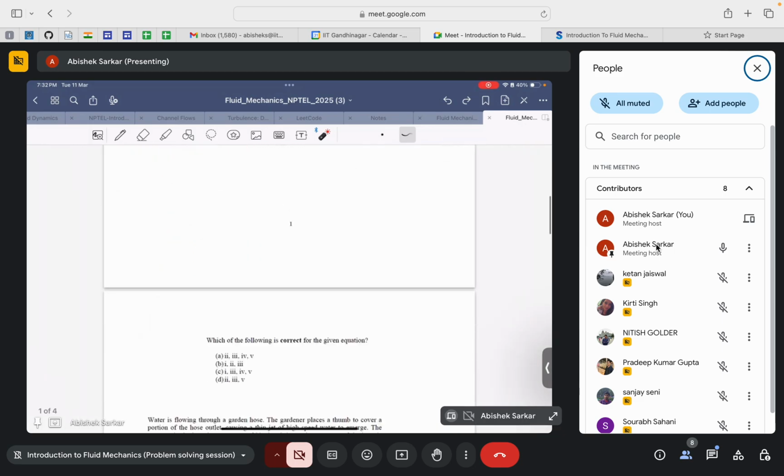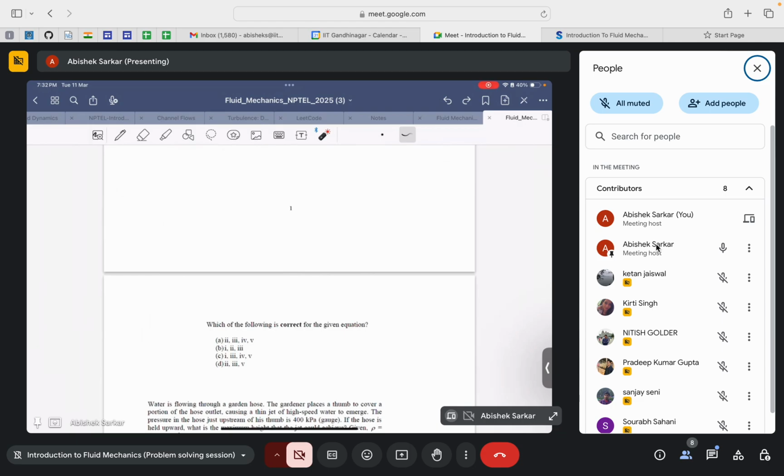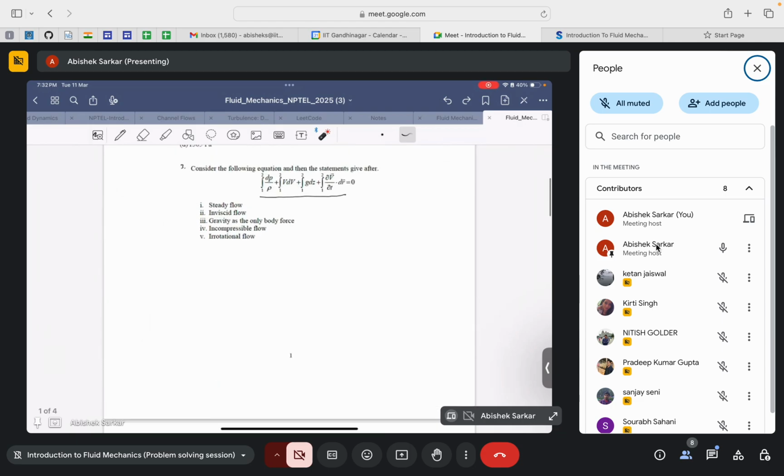The question is in the next page. Which of the following is correct for the given equation? Which of the following assumptions are correct for this particular governing equation? Since the options are on the next page, I will write them here so it is helpful for you. A is 2, 3, 4 and 5.